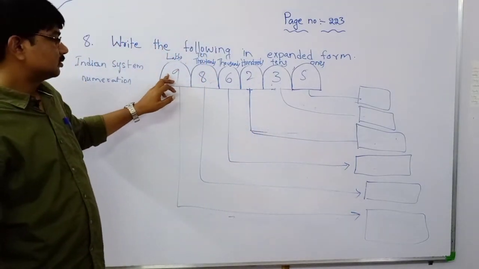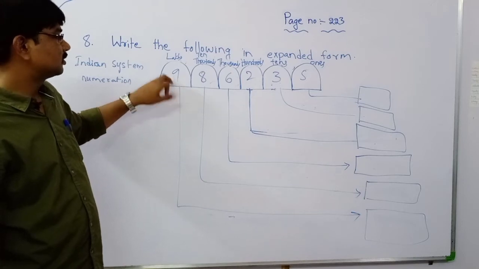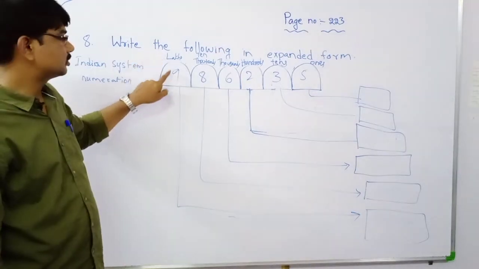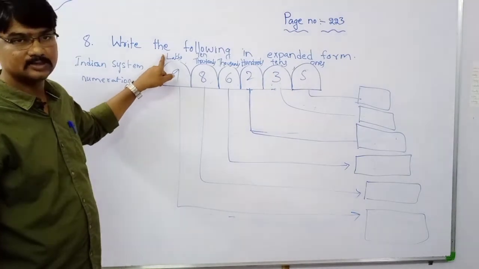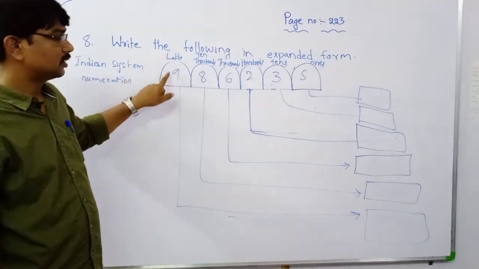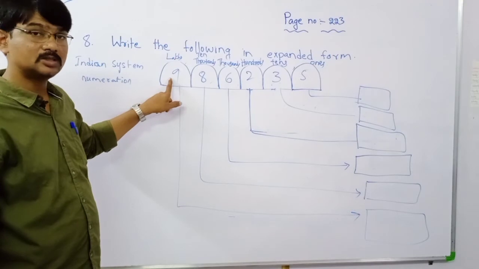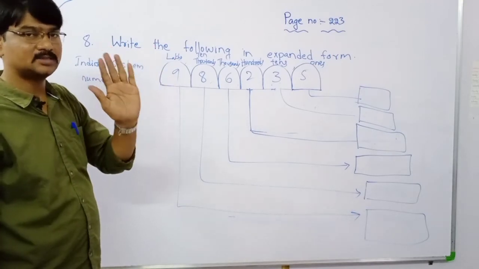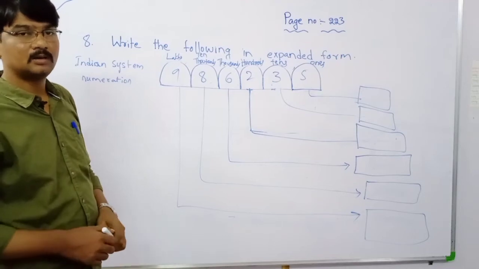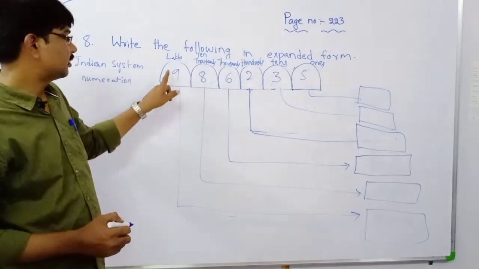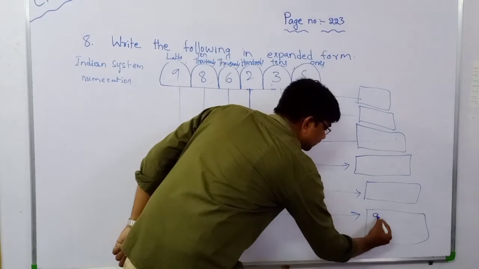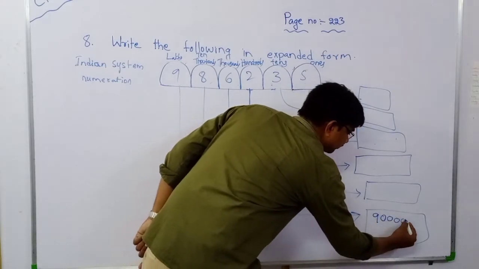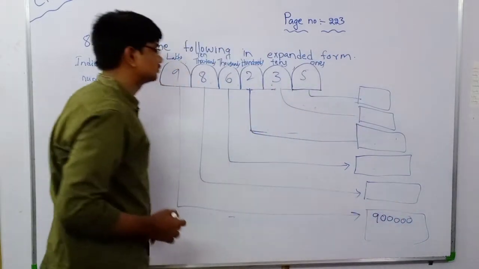Okay. Now let us come to the point. What is the place here? Lakhs. So 9 at lakhs place will become 9 lakhs. How many zeros? 5 zeros. If it is a number with 5 zeros, it will be called lakhs. 9 lakh.